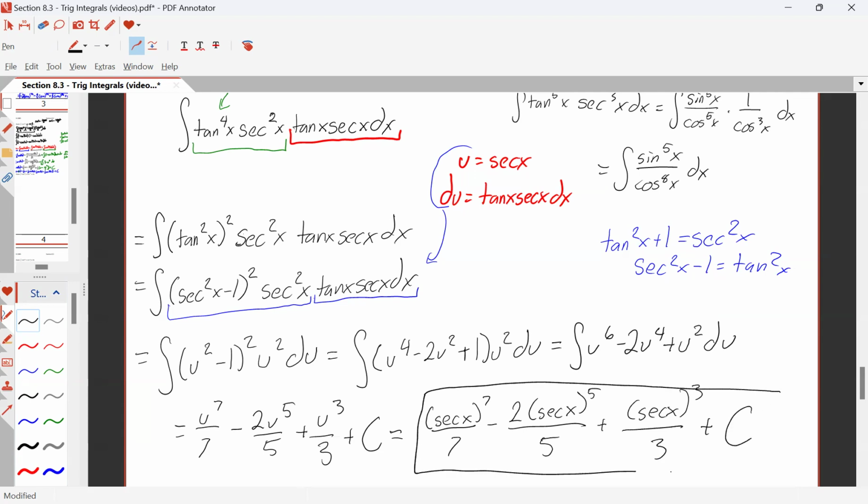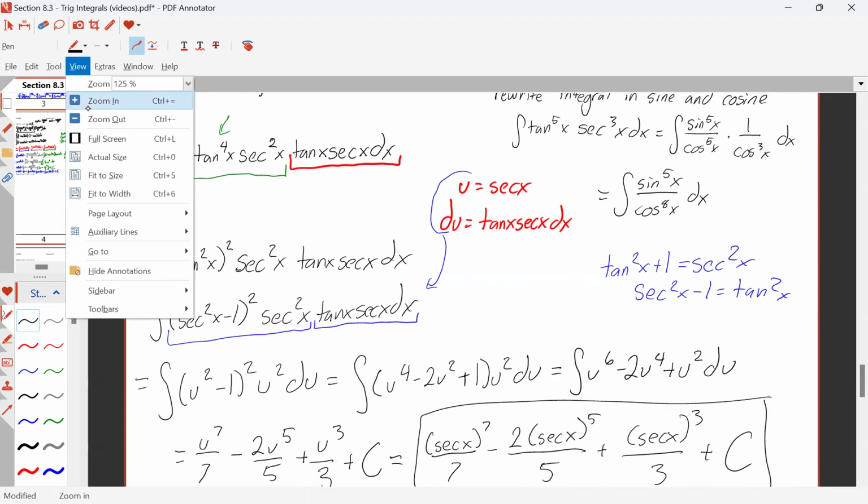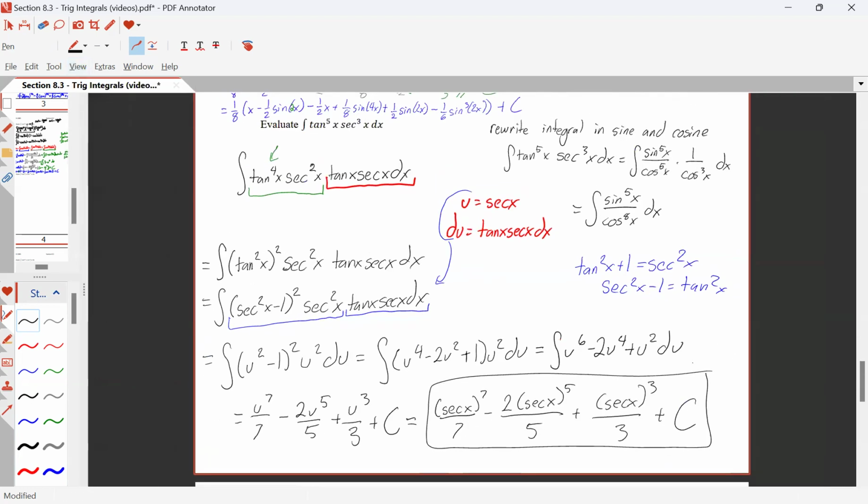And there is our antiderivative of our original integral, tangent to the fifth x secant cubed x dx. So we have that same strategy of factoring out something to become a du and making a u sub problem.